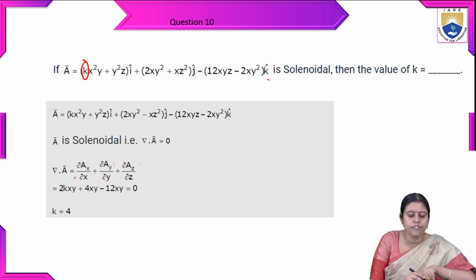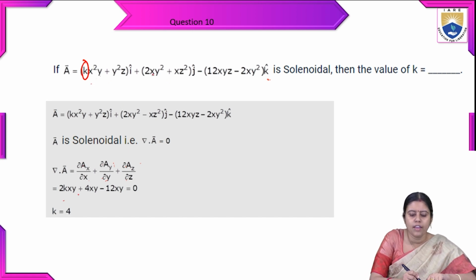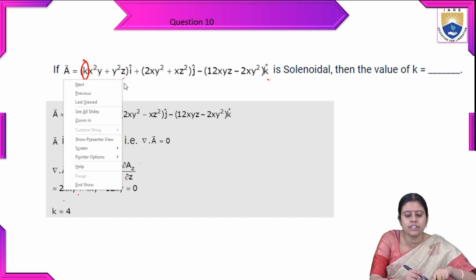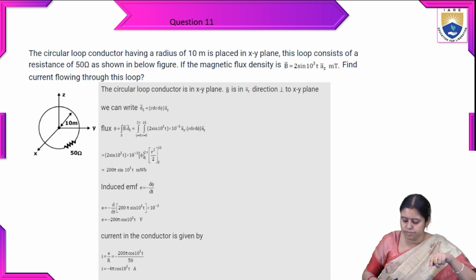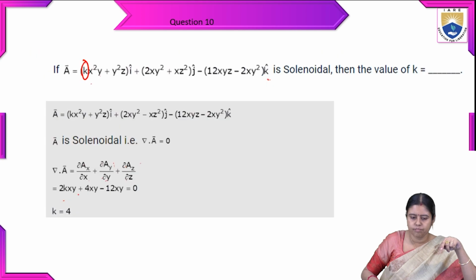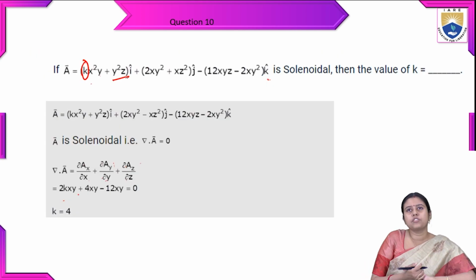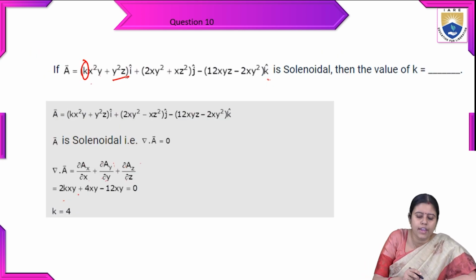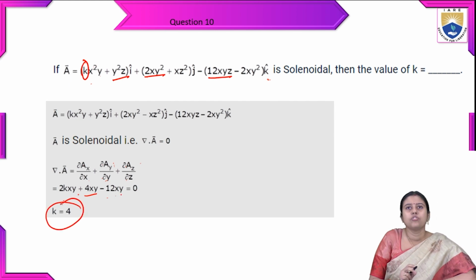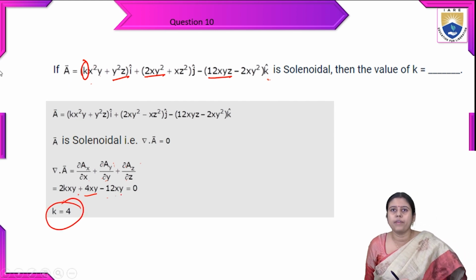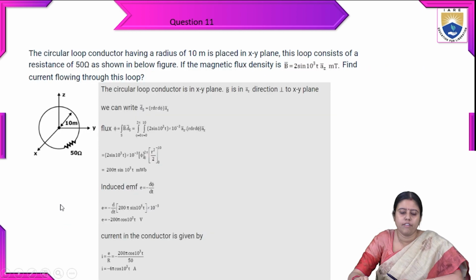If we differentiate the first one, 2kxy, y squared z is constant with respect to x. The second is constant with respect to y plus 4xy minus 12xy is equal to 0. So we got the value of k equals 4.